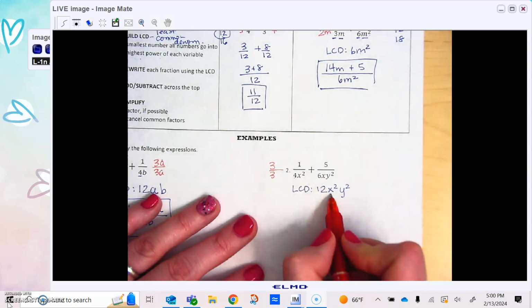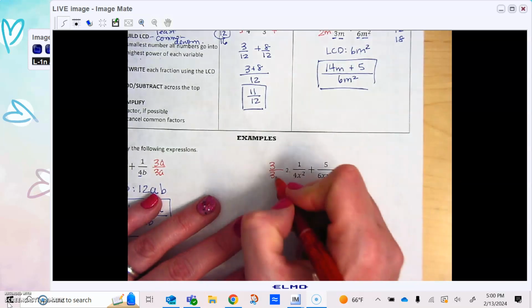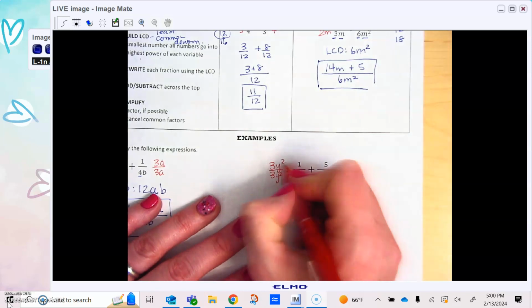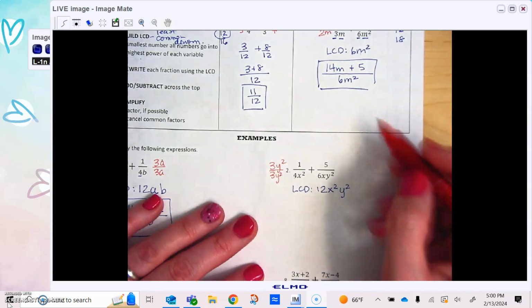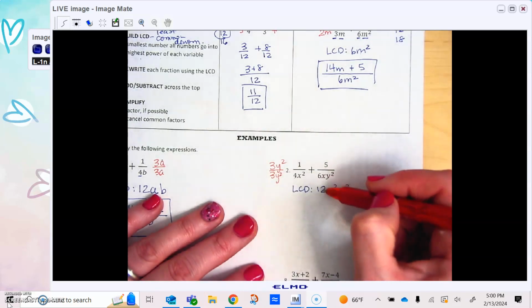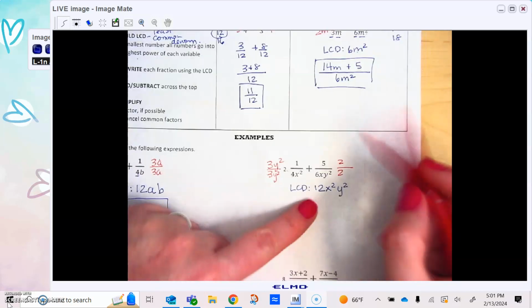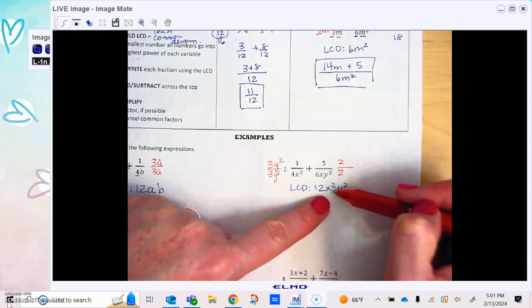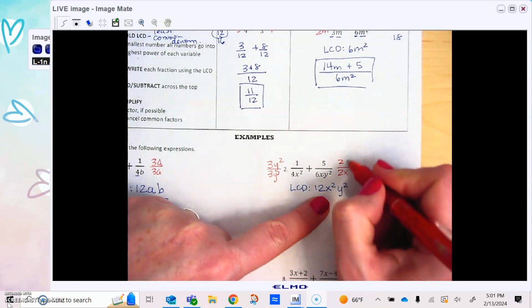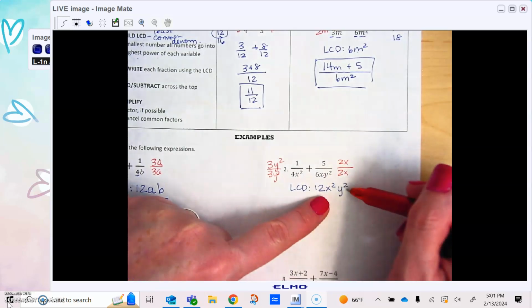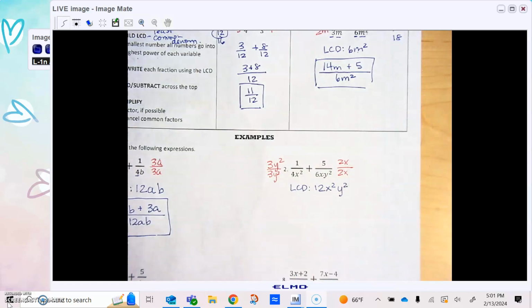X squared, it already has an x squared, but it needs a y squared. And then for this denominator, I need to do 6 times 2 to make 12. There's one x here, I need it to have 2, so I'm going to multiply by another x. And then it already has a y squared, so we're good there.